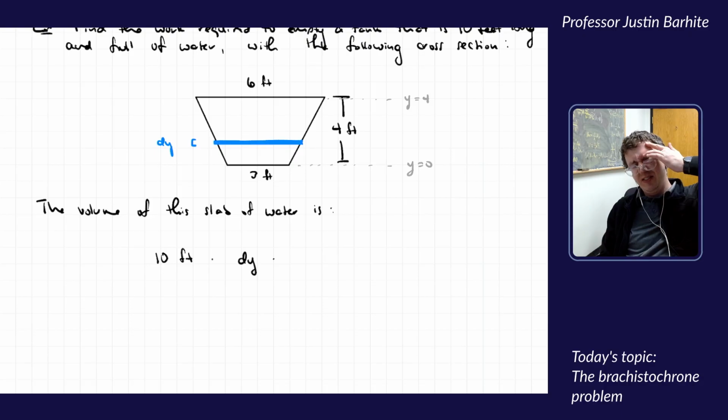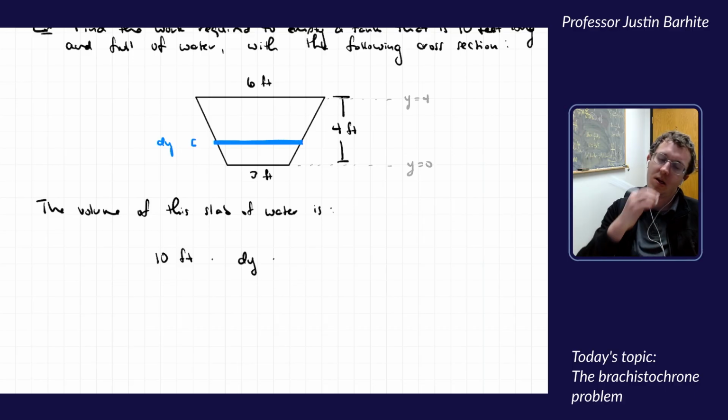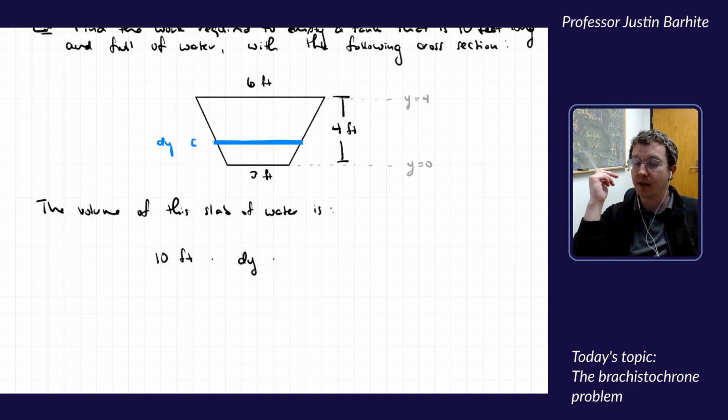There are different ways to think about what this is. I'm trying to think what would be the argument that you would see in Calc 2. If anyone has an idea, feel free to suggest it in the chat. There are several ways to think about it.